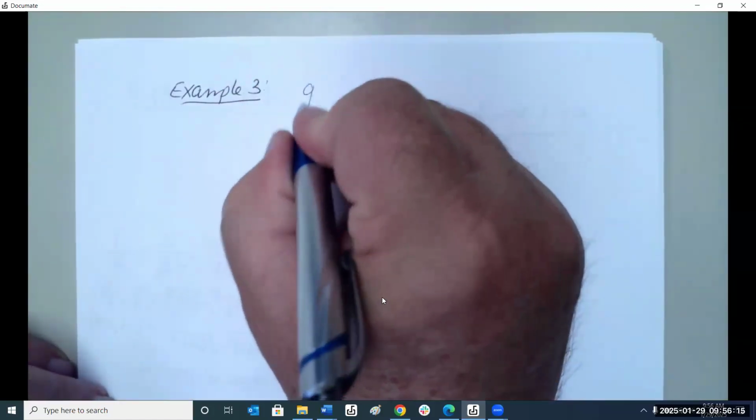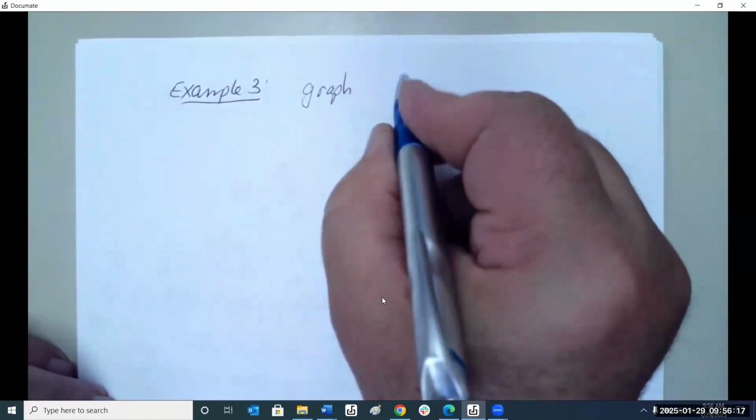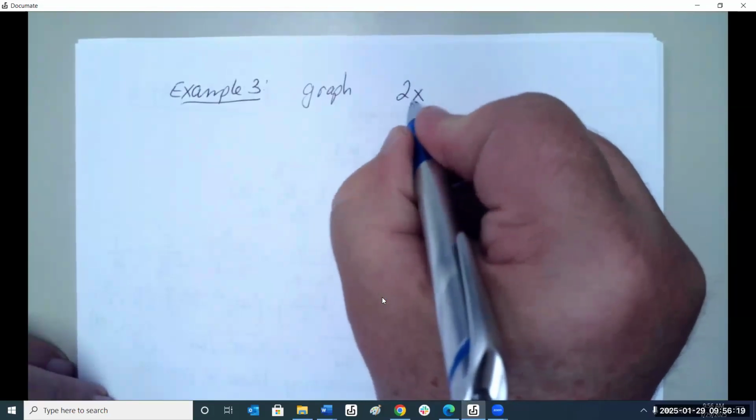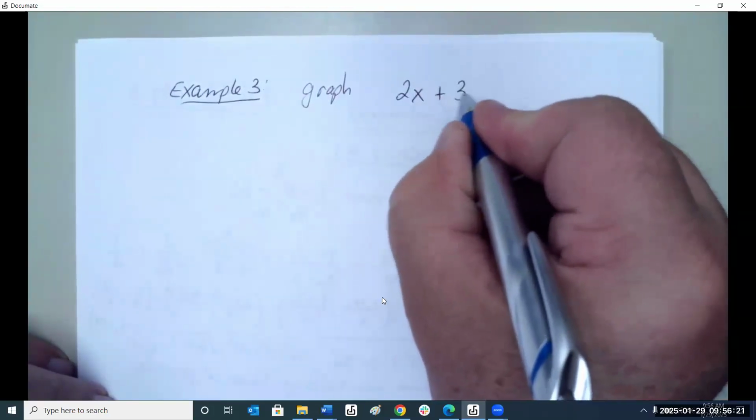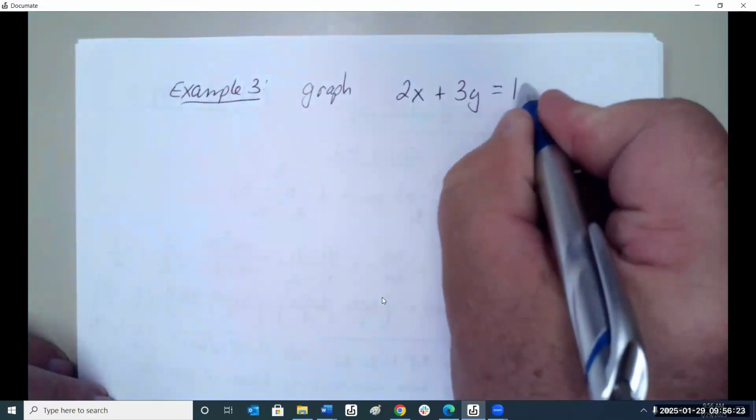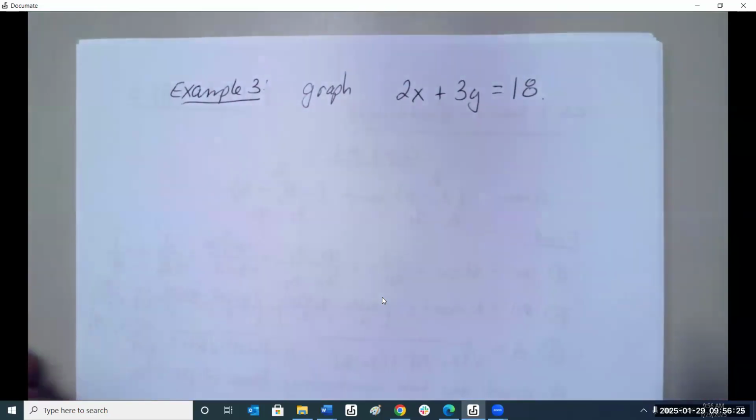So example 3. Graph this equation. 2x plus 3y equals 18.